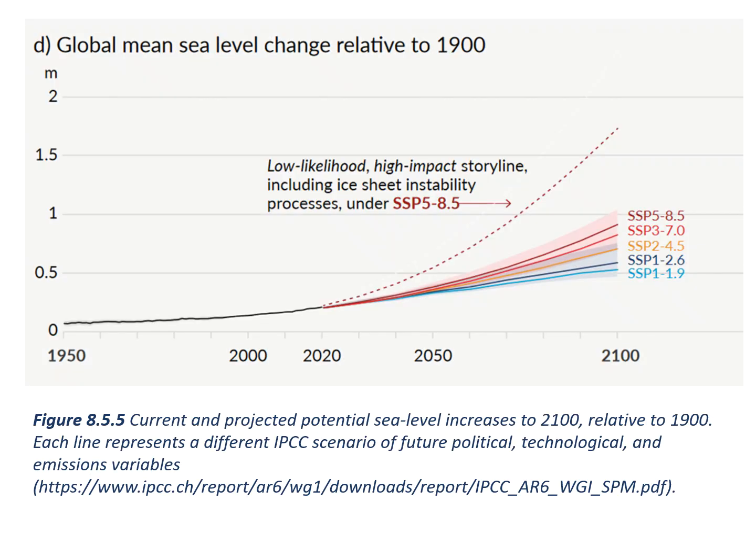And then the sea level increase. We've already seen a measurable increase in sea level rise. This could increase another half meter at best to 1 meter at worst. And then the low likelihood, high impact storyline would include the ice sheet all melting.